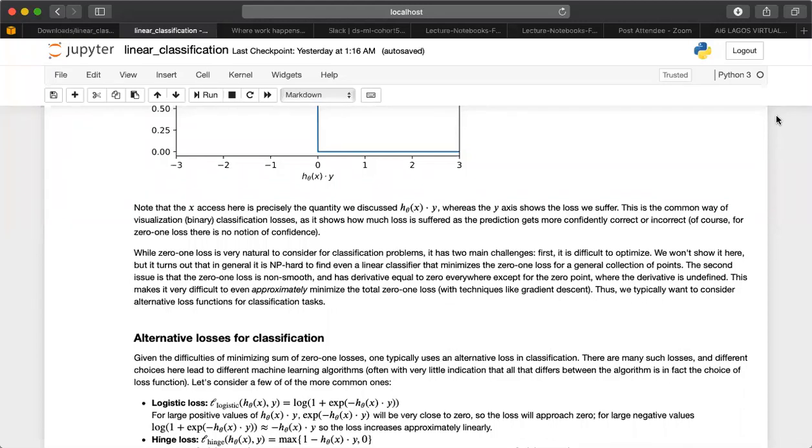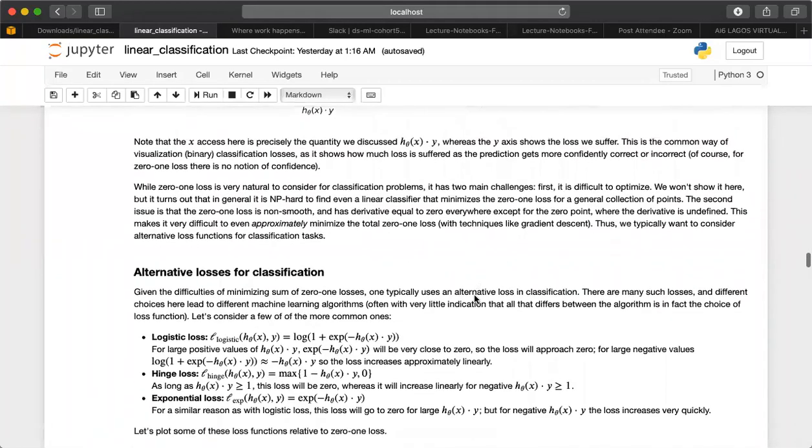The only tool we have as machine learning engineers or researchers in our toolbox is gradient descent. So we need to be able to do gradient descent on something, and we cannot on this loss. So we have to move forward. The three losses he spoke about are the logistic loss, the hinge loss, and the exponential loss.